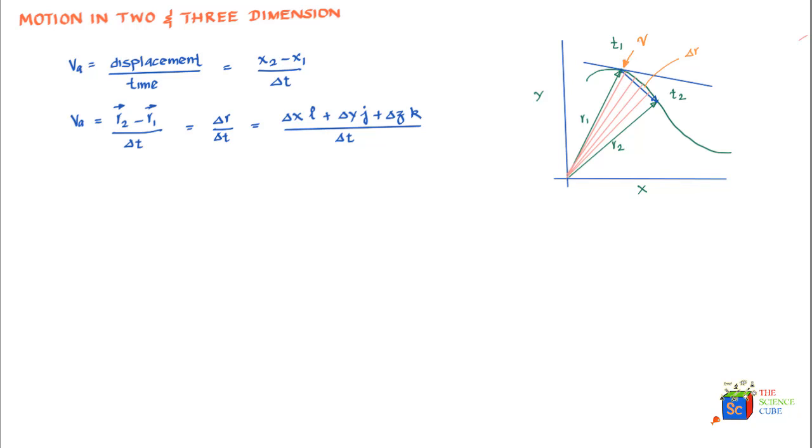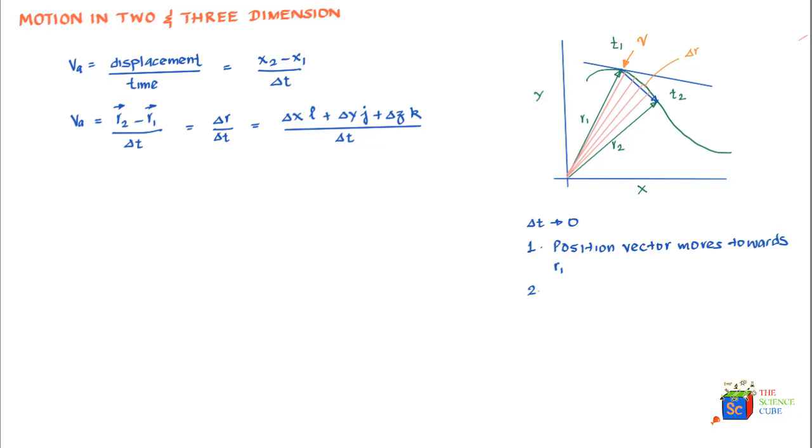And if you keep reducing delta t towards 0, you will see delta r would also tend towards 0, and what will happen is that the delta r, when delta t tends to 0, would become a line which is parallel to this tangent we have drawn, and this would then be the instantaneous velocity at time t1. Point number 1 would be, as delta t tends to 0, your position vector would move towards r1.